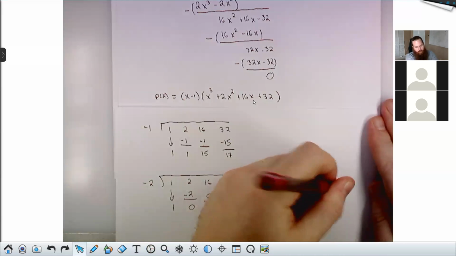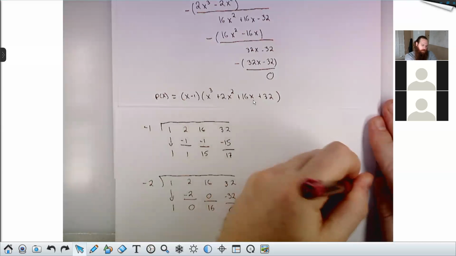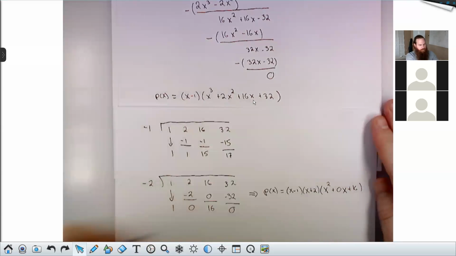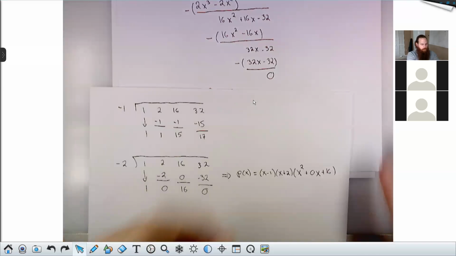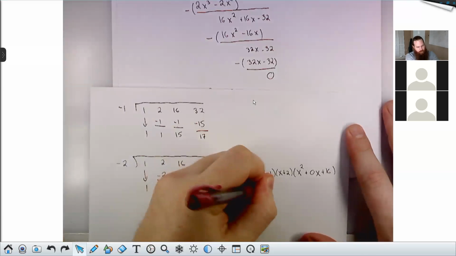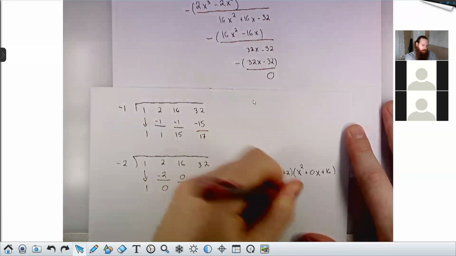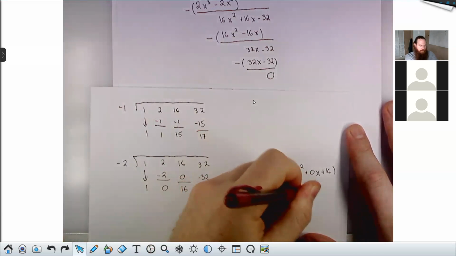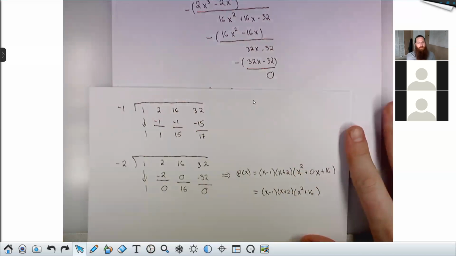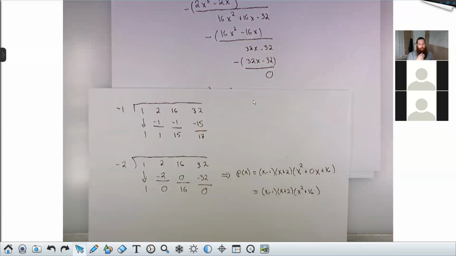X squared, I'll write the 0x plus 16. So in other words, p of x, if your goal was just to factor it into linear and irreducible quadratics, looks like this. But remember, we wanted all the roots.